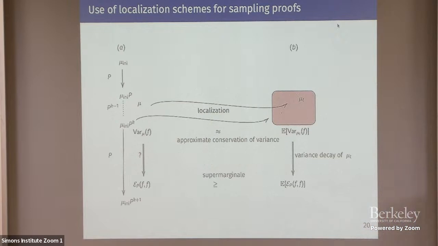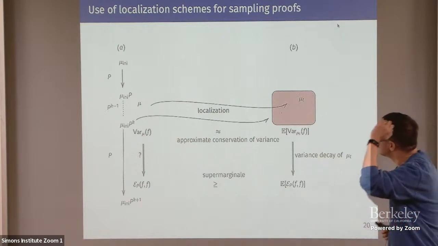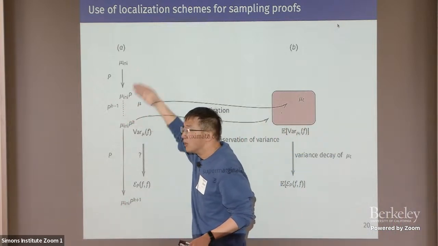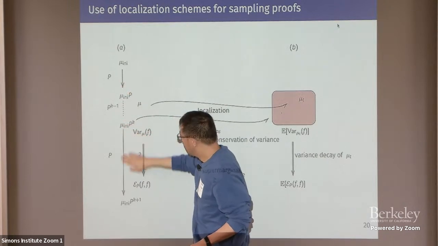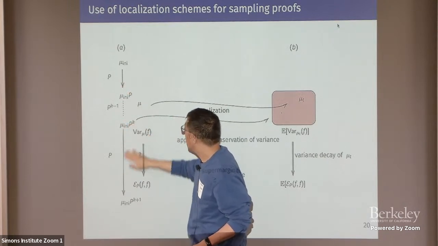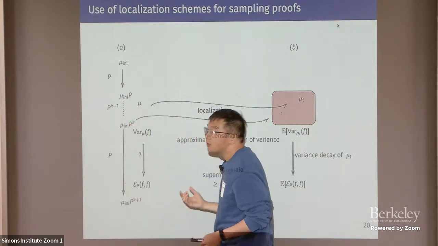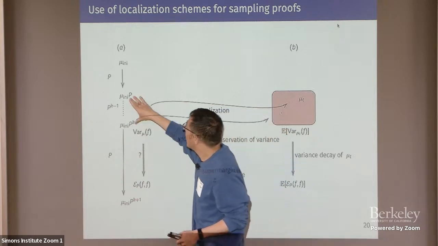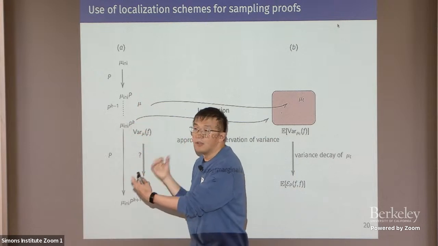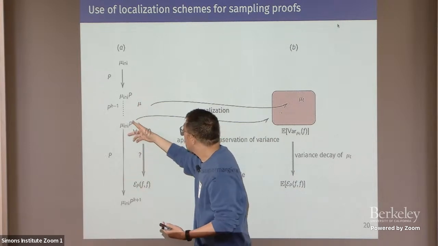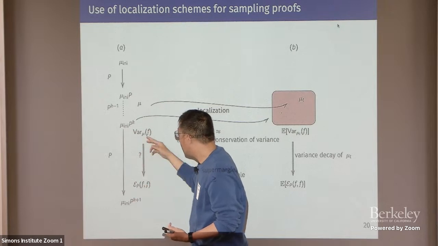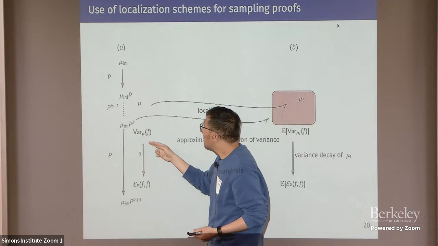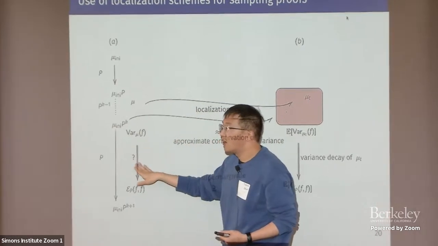Okay, so this is the picture we had in our paper. On the left, you have a Markov chain. You have some initial measure, and you run the Markov chain, and you get measures at step k and k plus 1. The functional inequality approach reduces the problem to understanding how the variance decays in each step, or whether you can prove a Poincaré inequality in each step. In other problems, it's not easy to prove this Poincaré inequality directly.